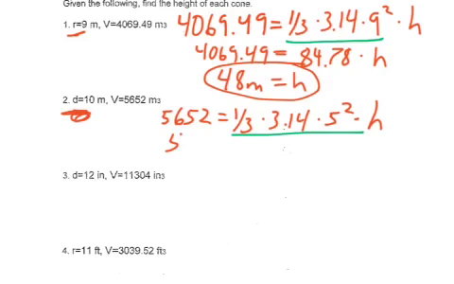So 5,652 equals, when I take a calculator, do 1/3 times 3.14 times 5 squared, you get 26.17. Okay, and by now the broken record is certainly telling you guys to divide both sides by 26.17. And when you divide both sides by 26.17, you end up getting 216 meters is our height.